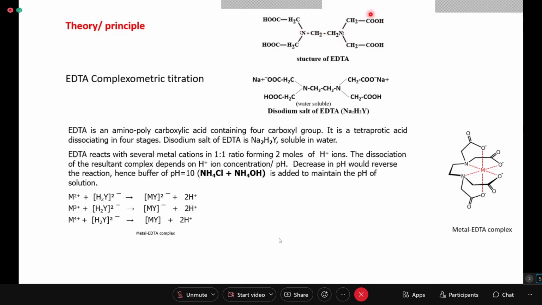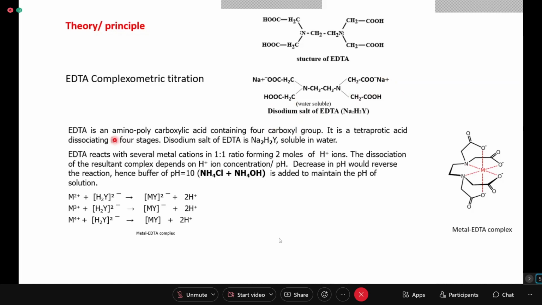But being sparingly soluble in water, the disodium salt of EDTA is used. So the disodium salt of EDTA will ionize as H2Y2 minus, and twice Na plus will be formed in water, and this is fairly soluble in water. So we always use the disodium salt of EDTA.